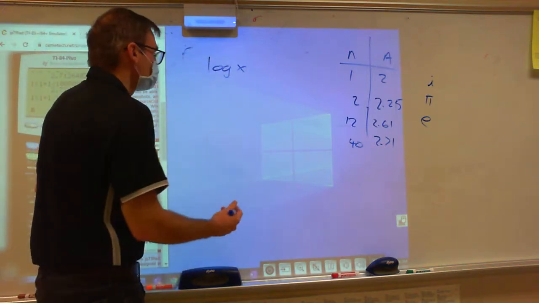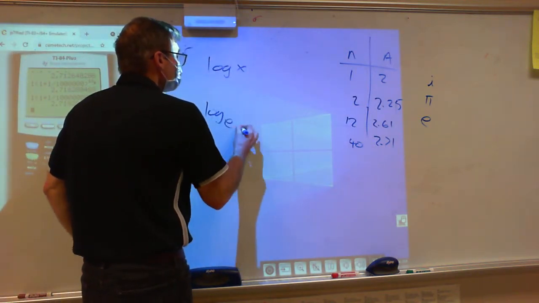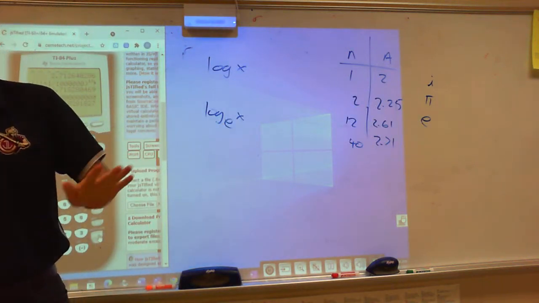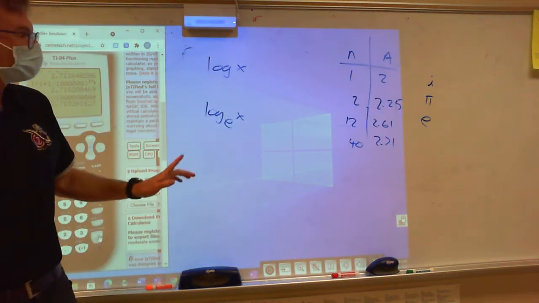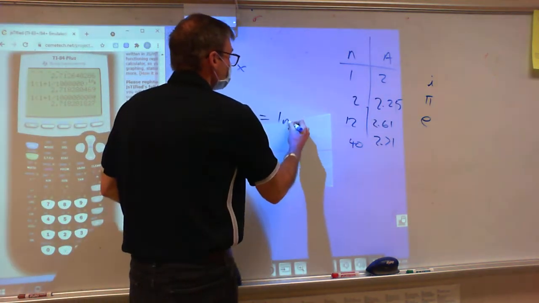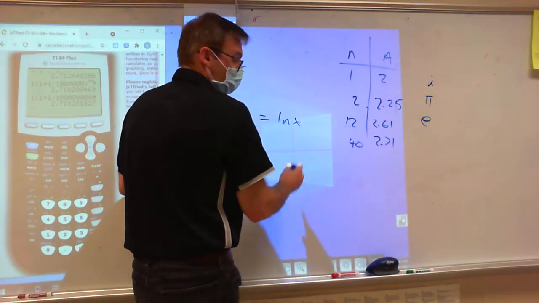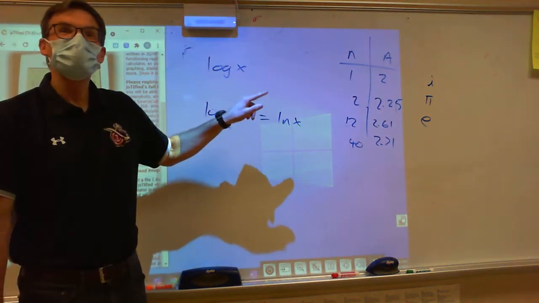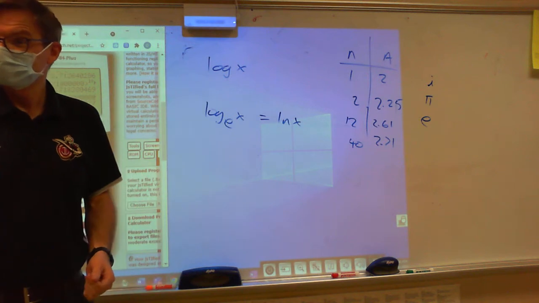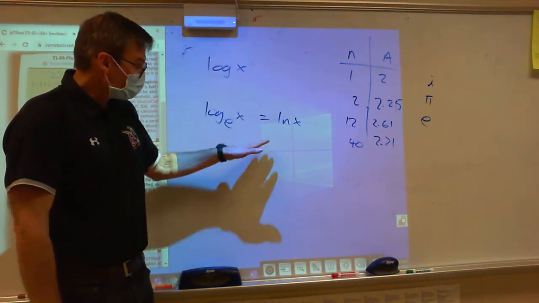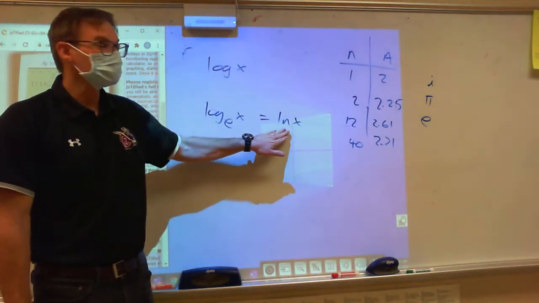Well, it turns out log base E is going to be real important very shortly, right? And instead of writing log base E, they write it ln x. Okay? Now, it's actually pronounced natural log. All right? So when you see this, this is natural log.